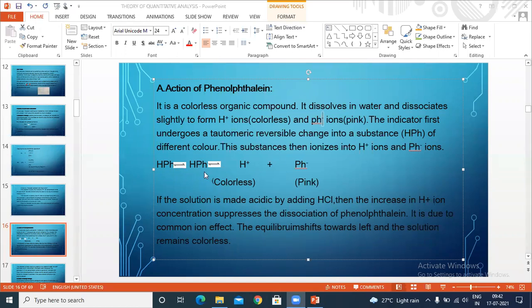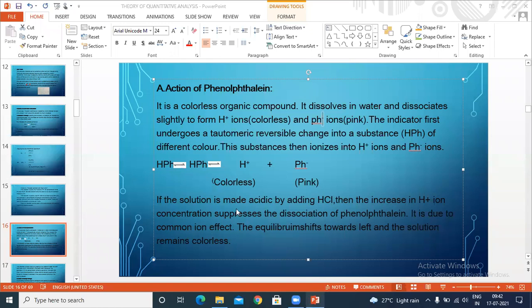Because of the transfer of proton, we can observe two different structures, that is, two tautomers. Only when it has the tautomeric form is it ready to undergo dissociation into H plus and Ph minus ions. The H plus ions don't have any color, and the Ph minus ions have a specific pink color.